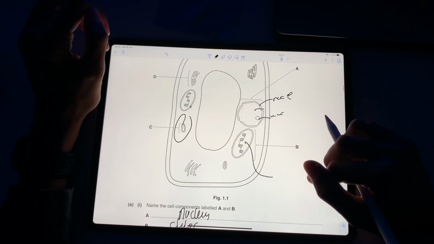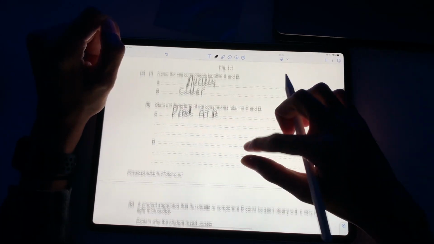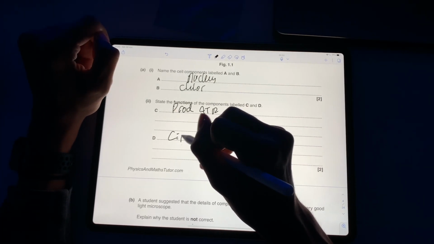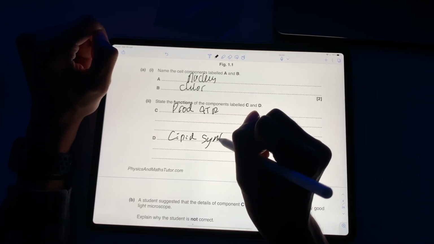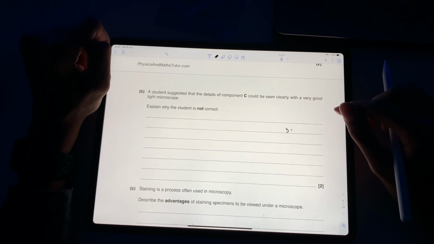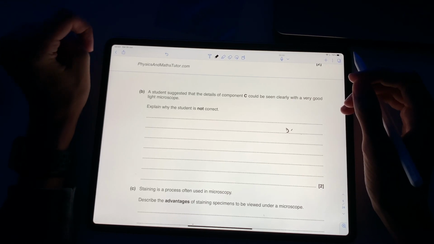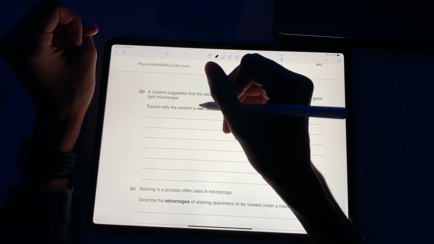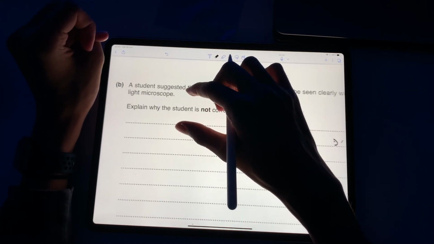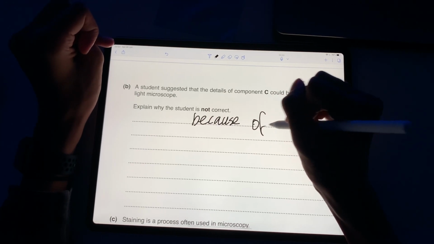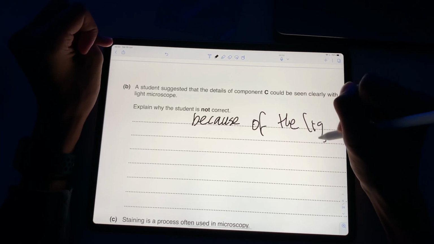D is smooth ER. So smooth ER, oil is smooth, lipid is oil, so lipid synthesis. Please tell me that's right. Student detail component C, not clearly, I don't know about this. I forgot about the light microscope because of the light. I don't know.